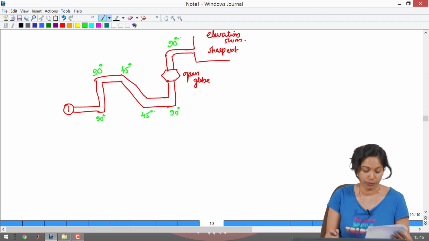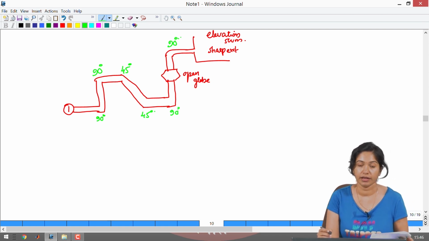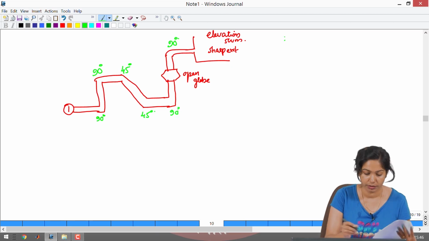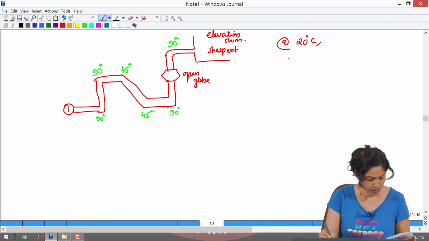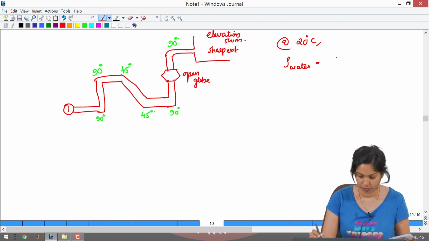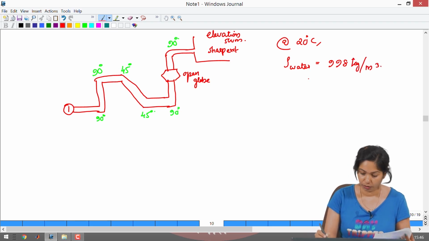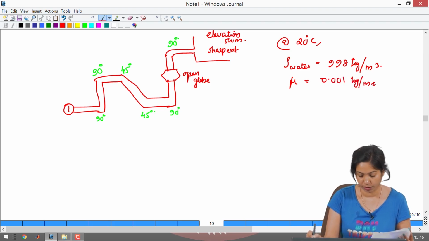For water at 20 degrees Celsius, we can take the density of water as 998 kilogram per meter cube, and also the viscosity equal to 0.001 kilogram per meter second. And for the cast iron, we can take the roughness factor as epsilon equal to 0.26 millimeter.